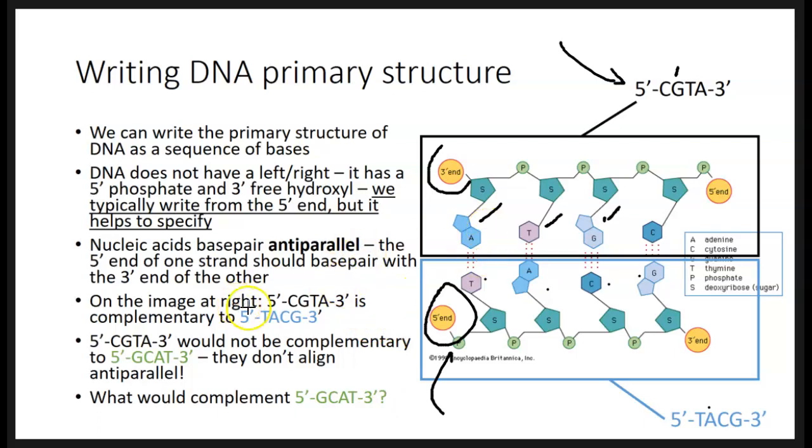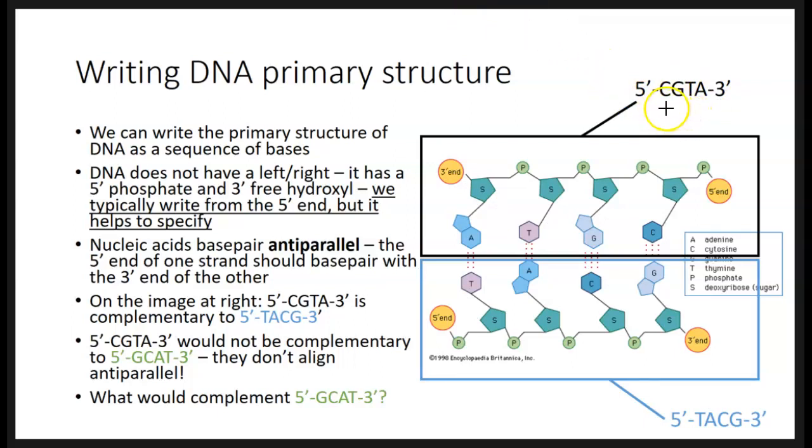So again, A pairs with T and C pairs with G, but it also needs to be anti-parallel. So if we were writing the sequence of this molecule up here, we would write 5' C, G, T, A.